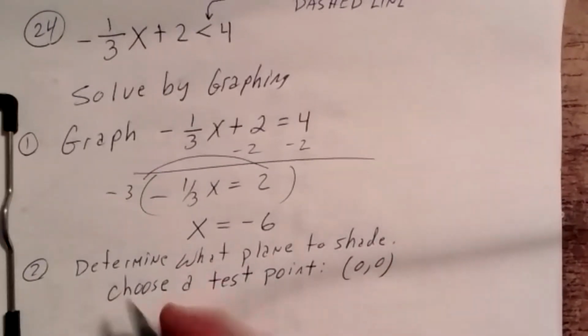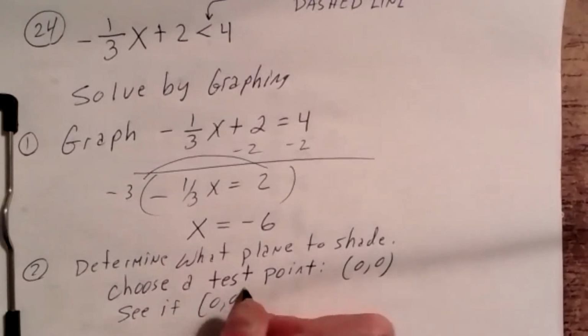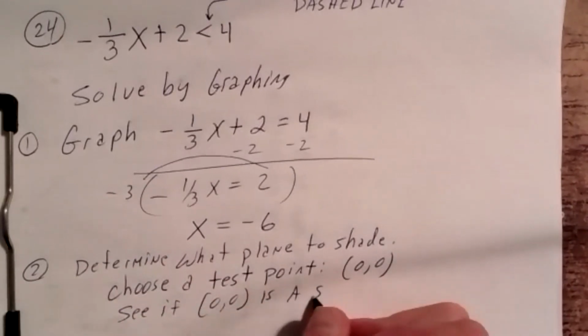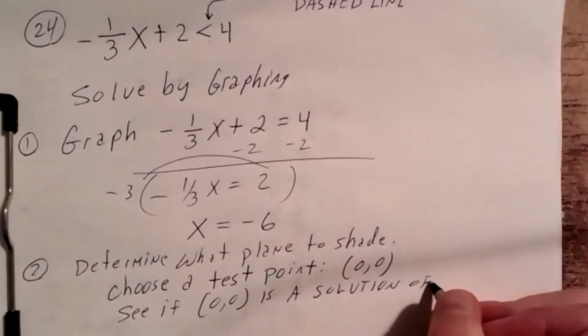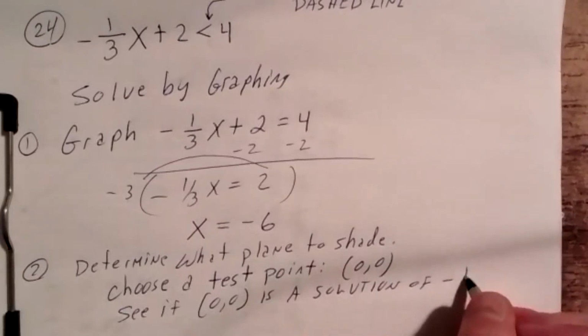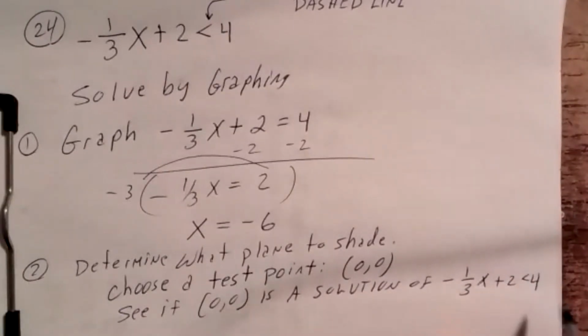So what we're going to do is see if 0, 0 is a solution of our inequality, negative 1/3 x plus 2 less than 4.